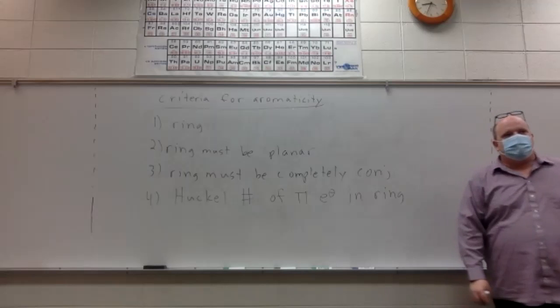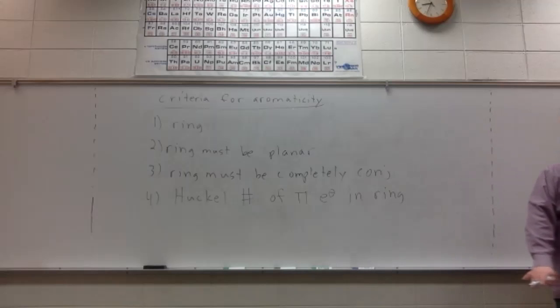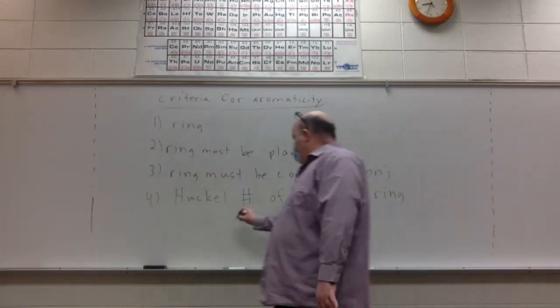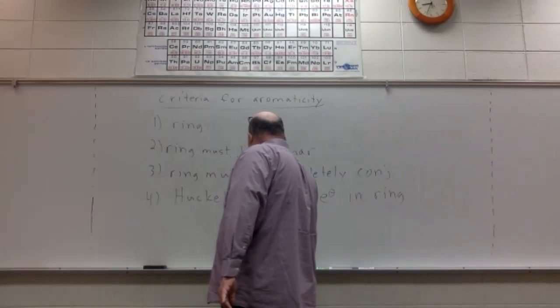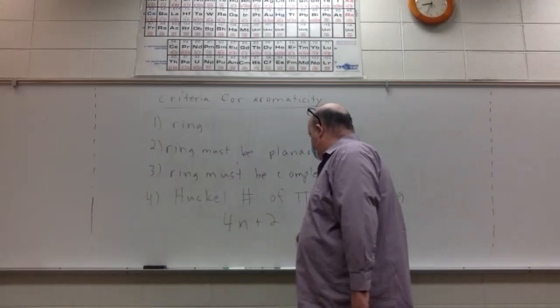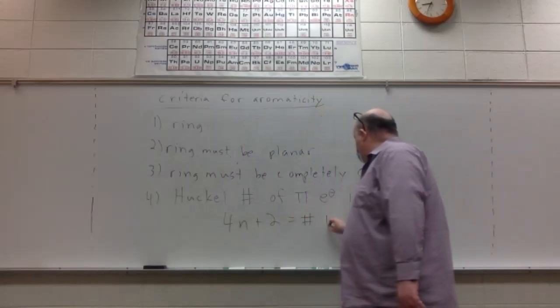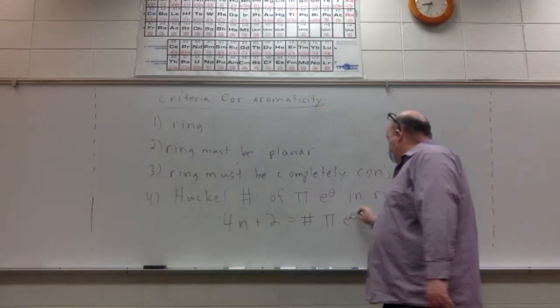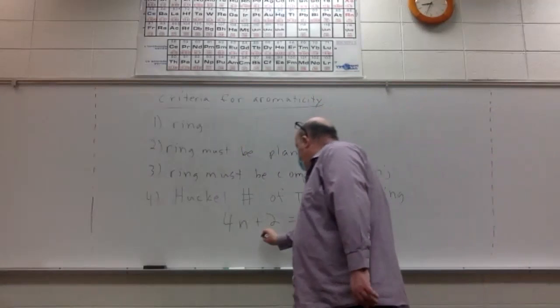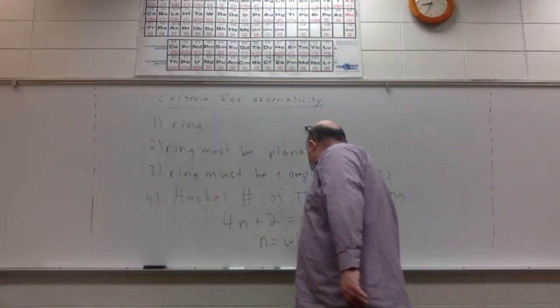What the heck does that mean? Well, there's a mathematical formula. 4n plus 2 equals the number of pi electrons. N has to be a whole number.